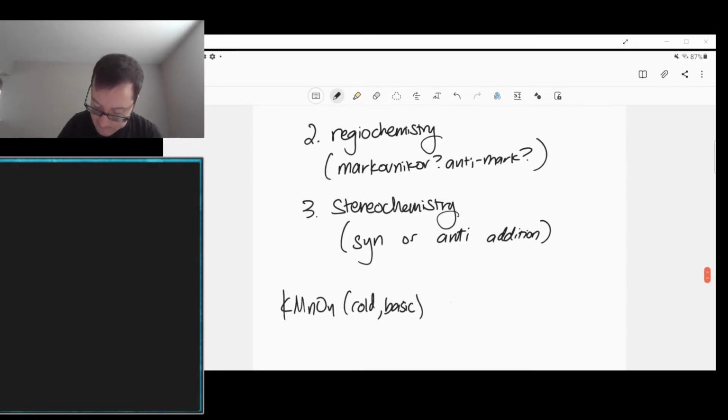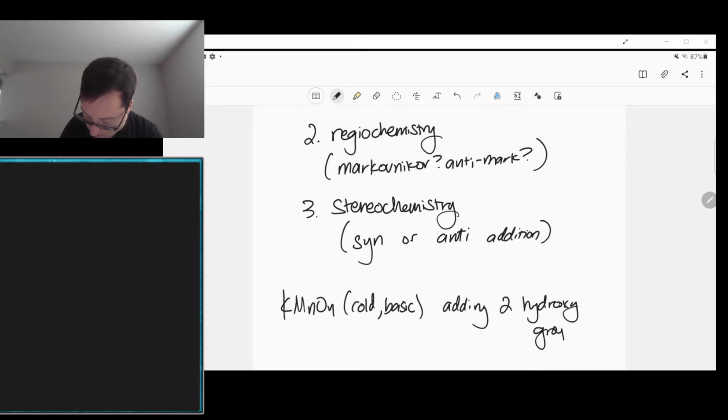We are adding two hydroxy groups. Regiochemistry is irrelevant because we're adding a hydroxy to both, so not applicable here. And then this is a syn addition.